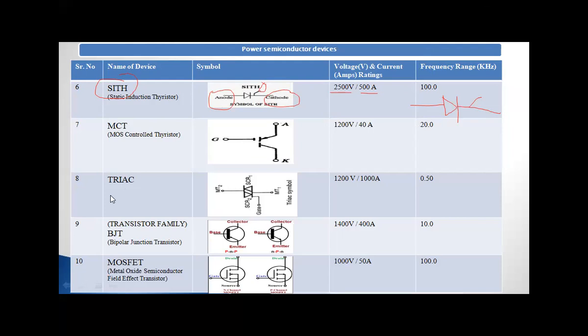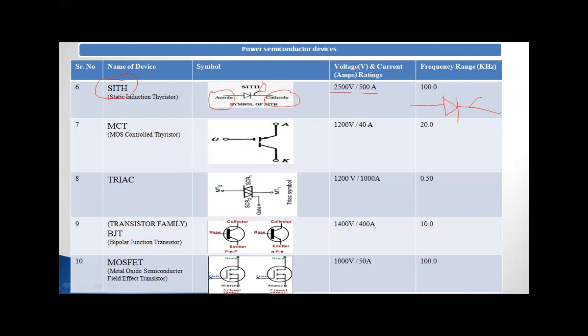Next one. What is the next one? MCT. The full form of MCT is MOS controlled thyristor. Clear? What is the symbol of this device?